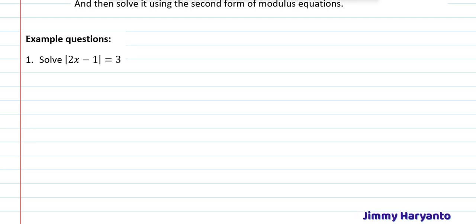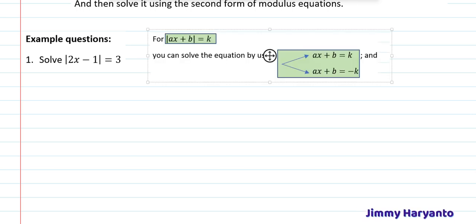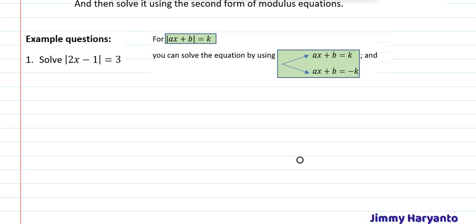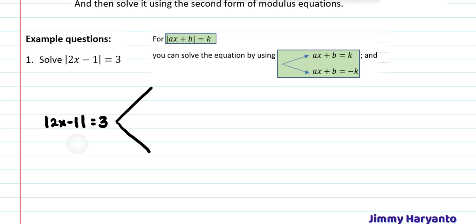The first example question: solve modulus of 2x minus 1 equals to 3. This is the first type of equation, which means this one, the ax plus b equals to k. To solve this, you only have to split them into two parts. First, let's rewrite the question, and then you will make them into two parts like this.